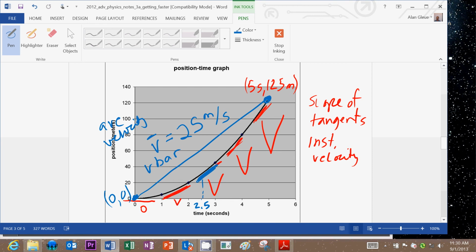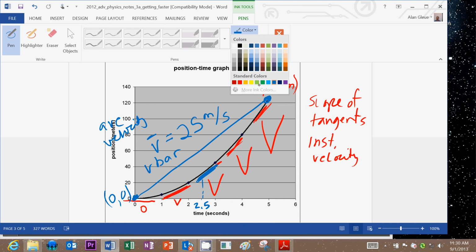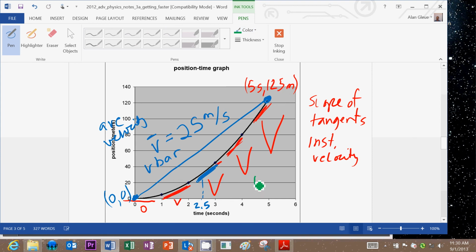Okay? So for times less than 2.5, that'd be down in this region, the velocity is less. The velocity of the car is less than the average velocity of 25, right?